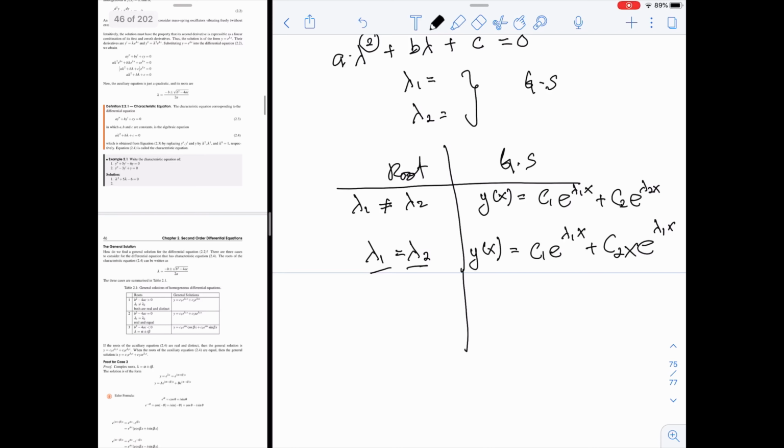For example, lambda is alpha plus minus beta i. So your general solution is y(x) equal to c1 e to the alpha x sine beta x plus c2 e to the alpha x cos beta x.